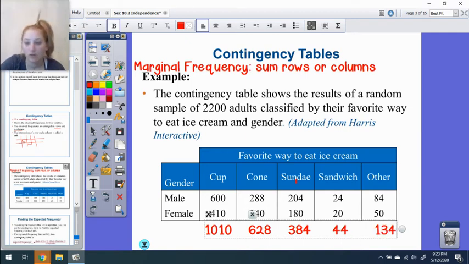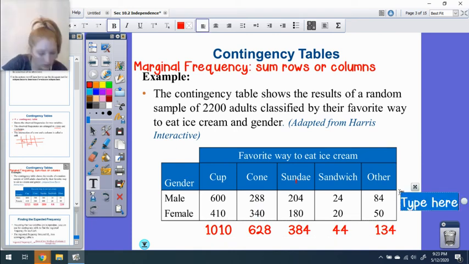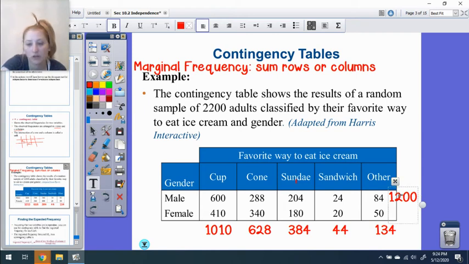Now let's do the rows. I'm getting 1,200 and 1,000, and that's going to give me 2,200 total.